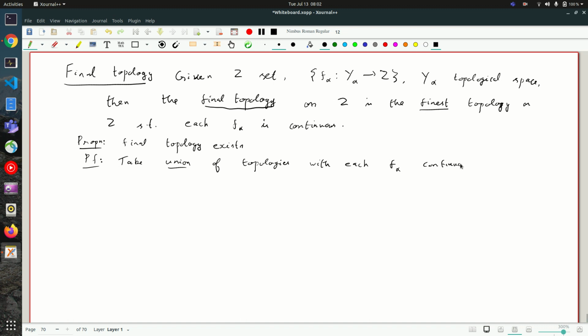And again, the union of topologies is going to be a topology. And if f alpha is continuous with respect to all of them, it is clearly continuous with respect to the union, because any open set is open in one of them.